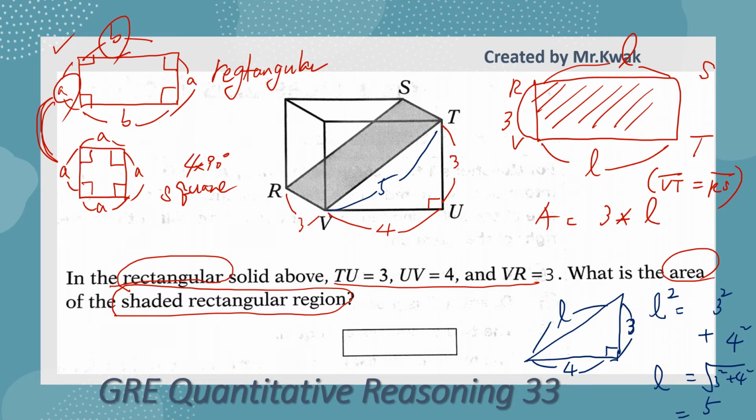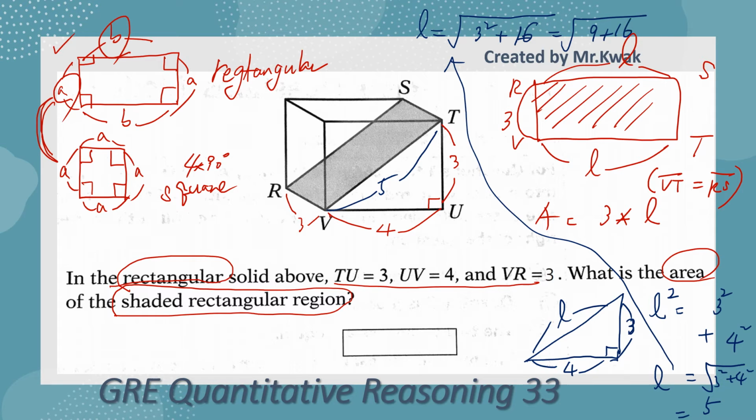How did you get it? One more time, slowly. L squared equals 3 squared plus 4 squared. I'm going to just write down 16 here. In that case, 9 plus 16. In that case, 25. There's a root. In that case, root 5 to the second power.